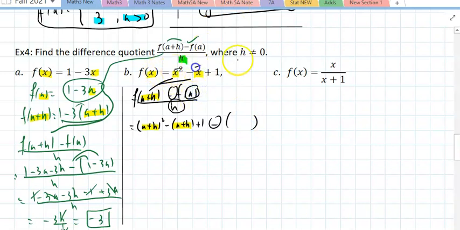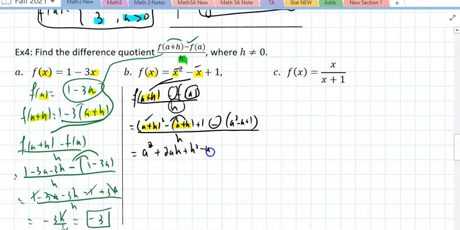Well, that is a squared minus a plus 1 all over h. If I FOIL this, that's a squared plus 2ah plus h squared minus a minus h plus 1 minus a squared plus a minus 1 all over h.